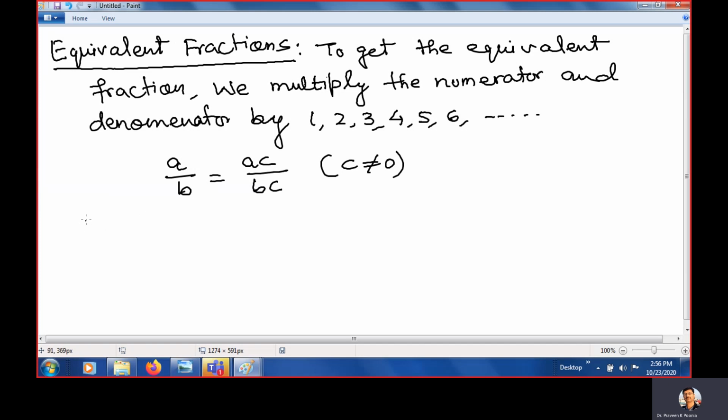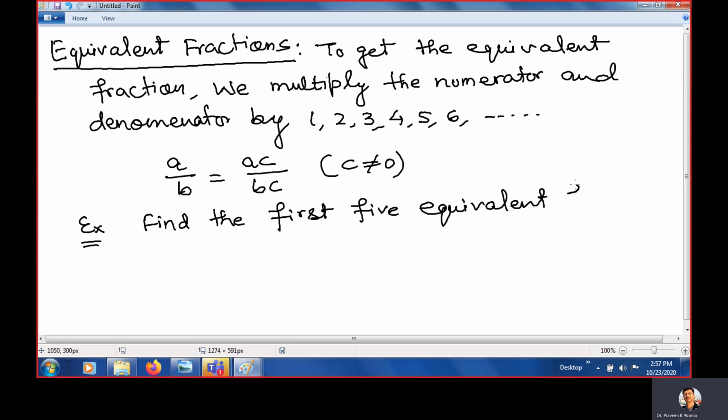Clear? Say for example, we have taken 1 upon 2. So the question is: find the first five equivalent fractions of 1 upon 2. Clear? So how are we going to do it?